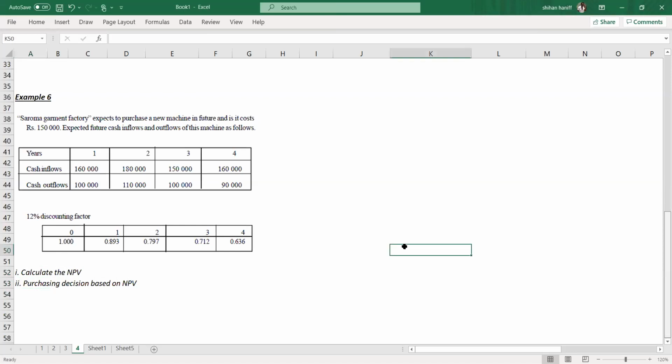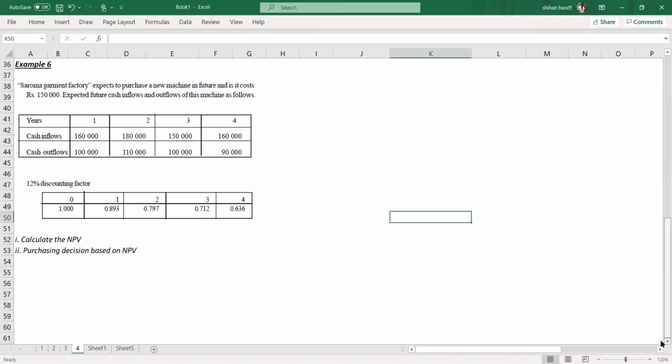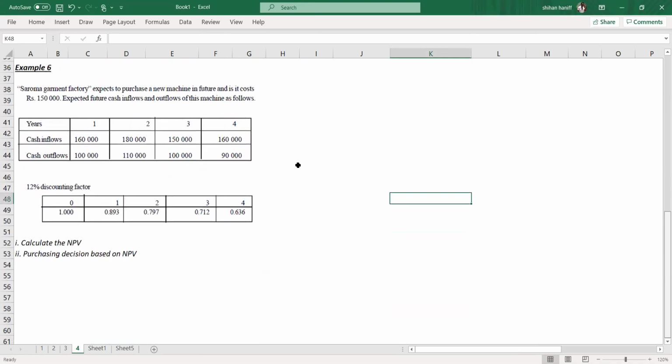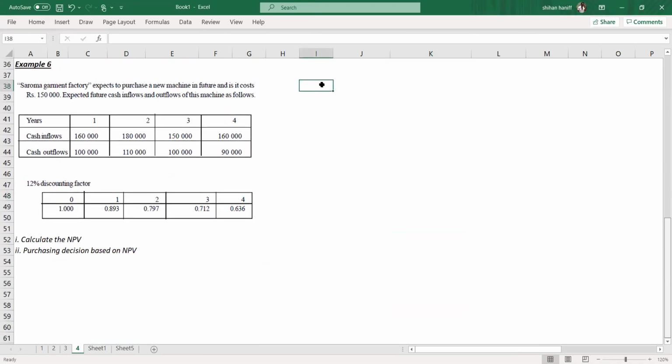Okay, can you all do this? Example 6. This one, I'll do. Year 0, 1, 2, 3, 4.